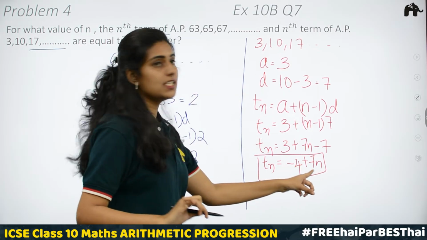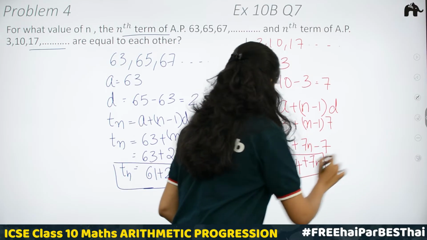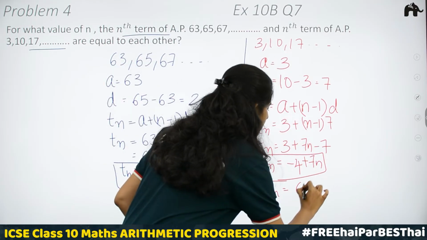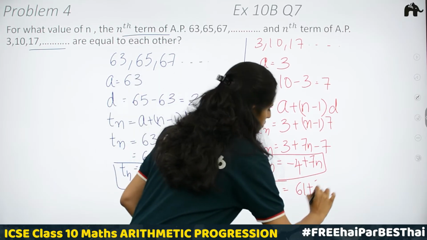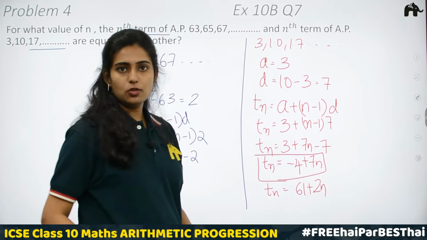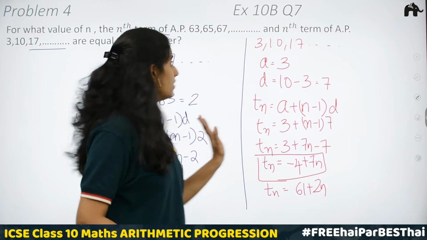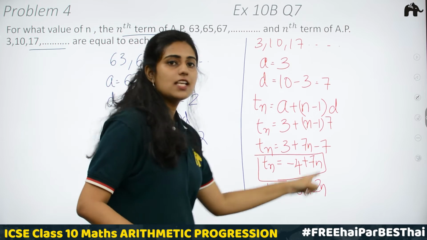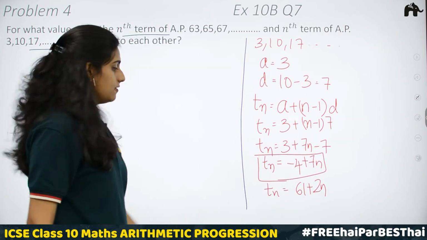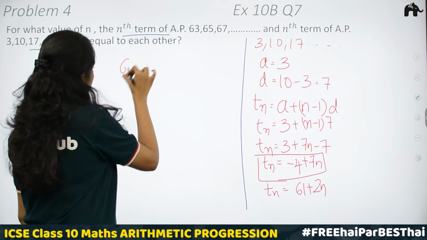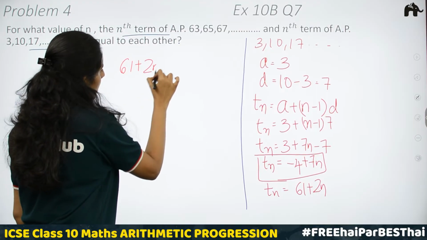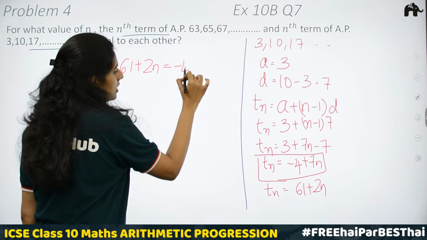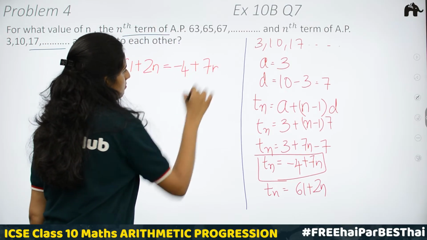Here Tn we got minus 4 plus 7n. In the first case, we had Tn is equal to 61 plus 2n. Okay. Left hand side is equal. Given that nth term of both these APs are equal, then right hand side should also be equal. Let us equate. First, we have 61 plus 2n is equal to, from the second we have minus 4 plus 7n.